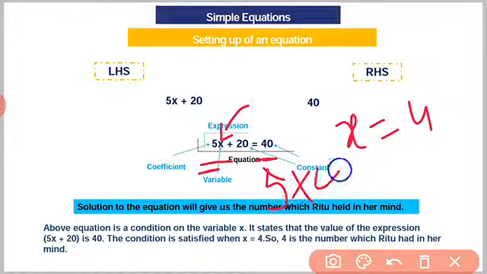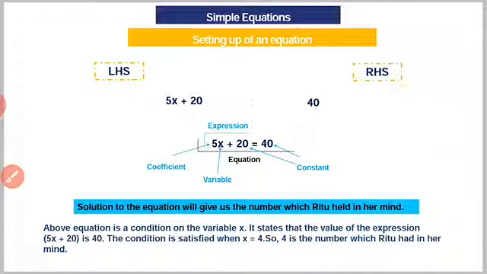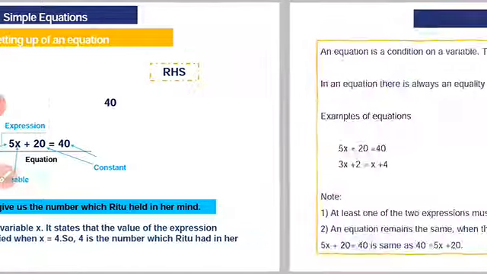Means 5 multiplied by 4 plus 20. What is it? 20 plus 20 becomes 40. That is how she was able to answer Ritu's confusion. So this was an introduction for the equation.